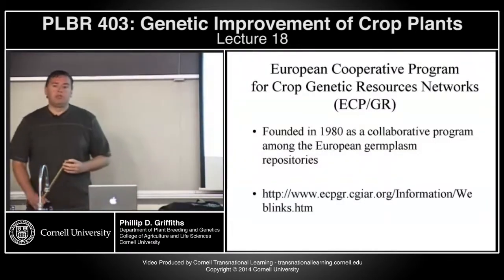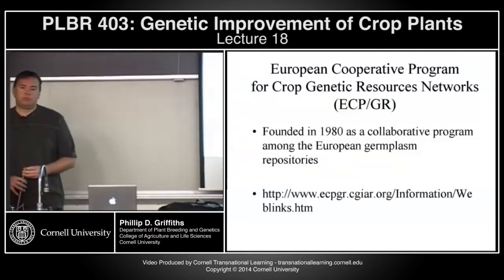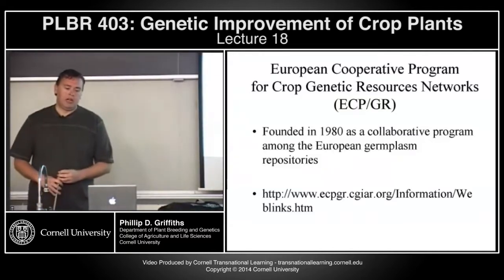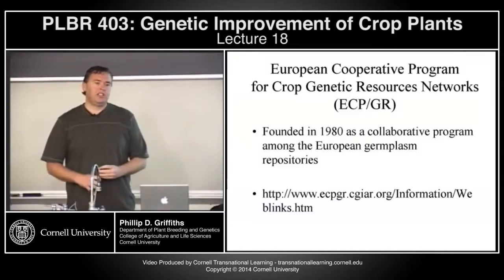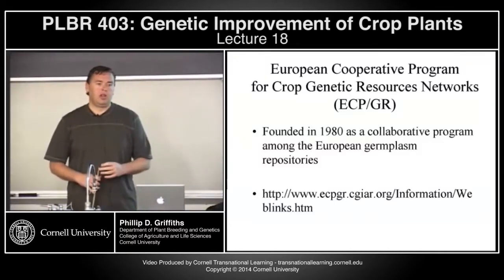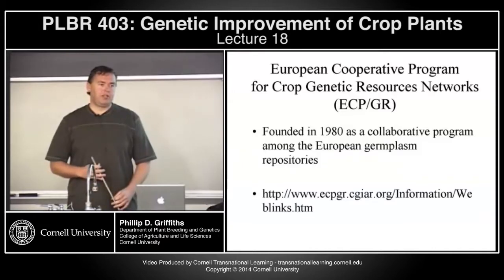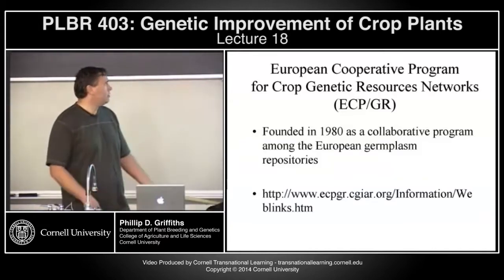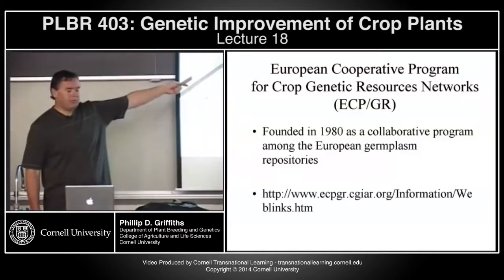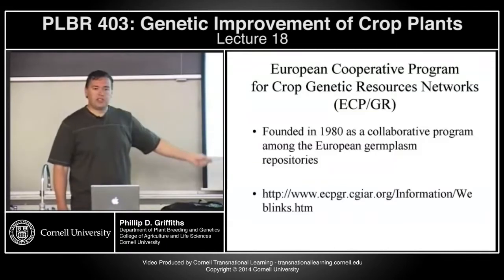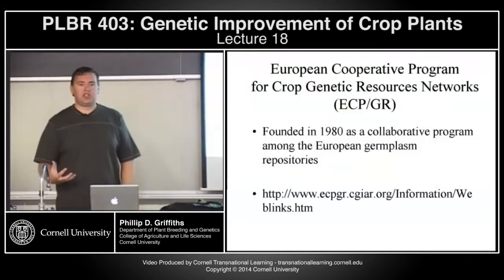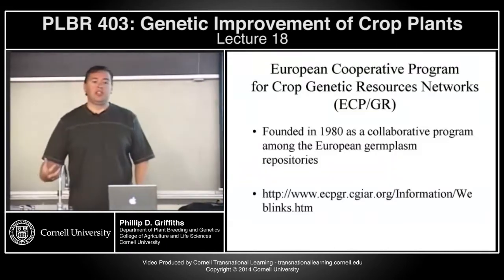It's also possible, of course, to request germplasm from other areas. The European collection is becoming more consolidated. It was really based on collections within different countries. Now they're trying to bring it under one umbrella of the ECP genetic resources. You can access the site here, but a lot of these collections are still going to be based in the original countries.